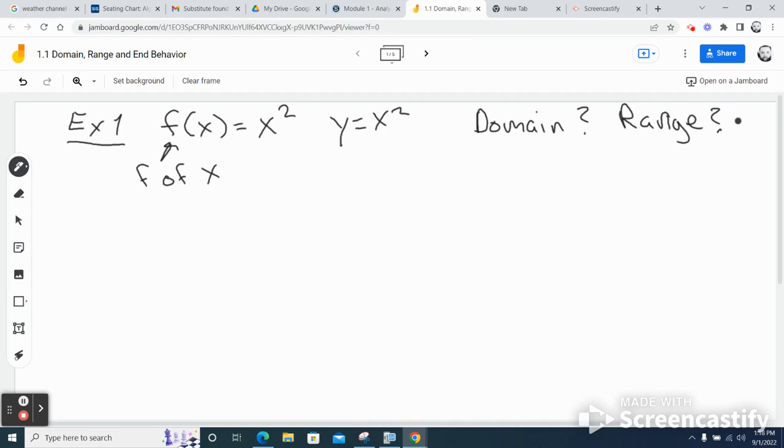Well, remember that a function, I'm going to write this in a different color, a function is like a mathematical machine.